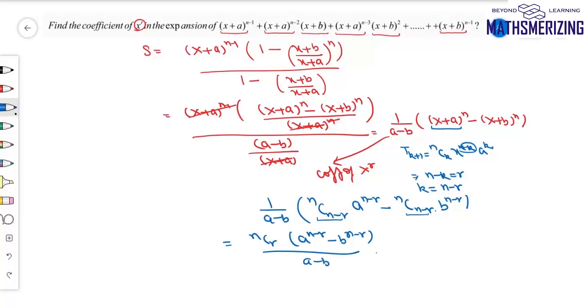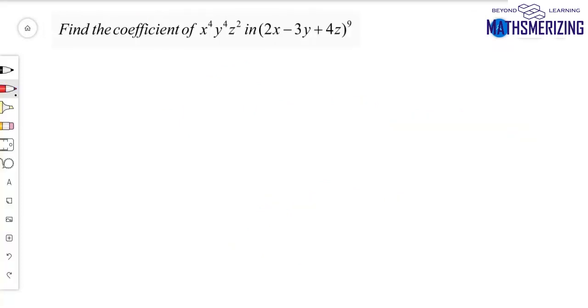(a - b). Now the question says, find the coefficient of x^4 y^4 z^2 in the expansion of (2x - 3y + 4z)^9.